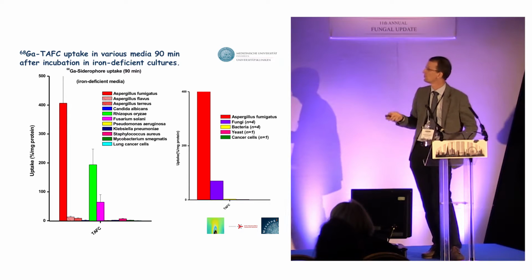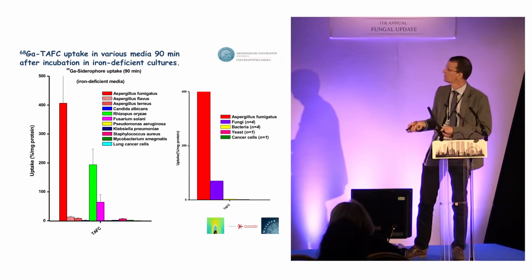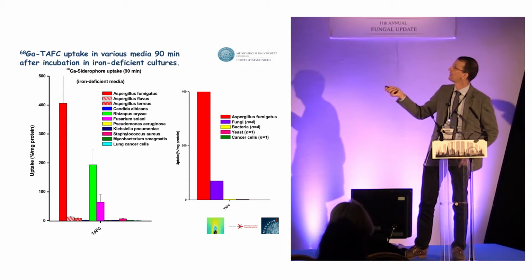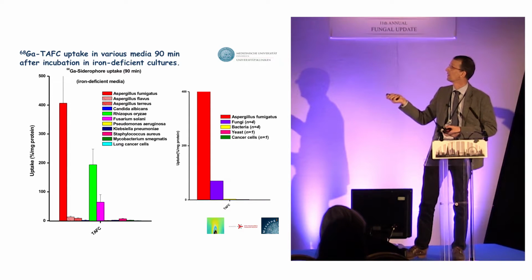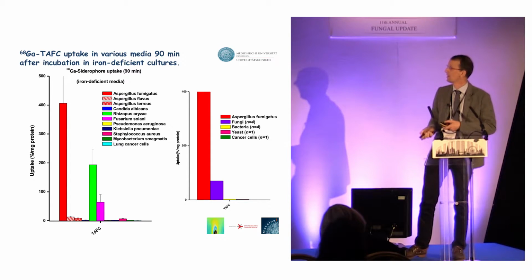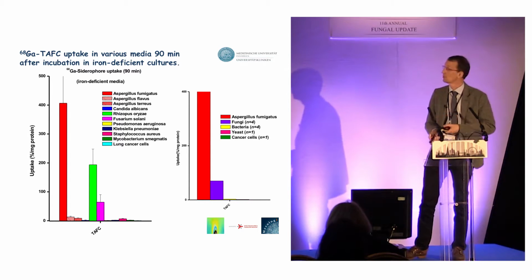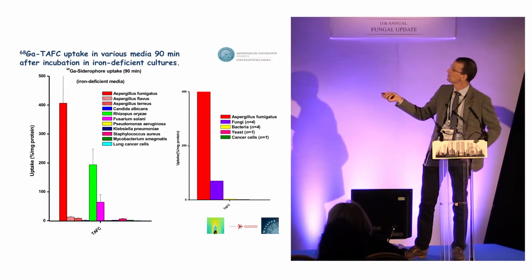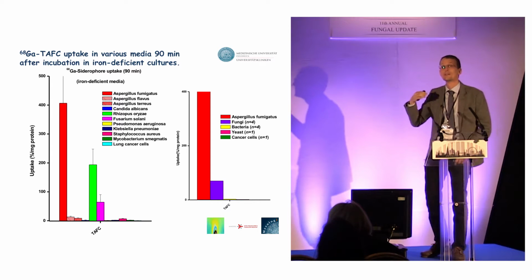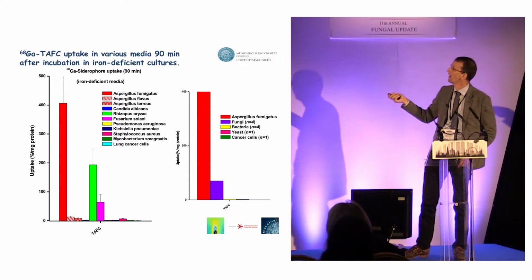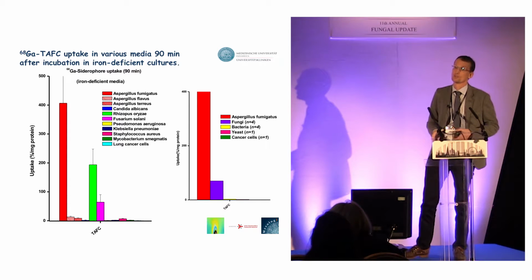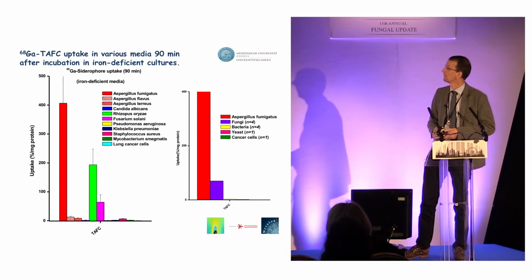So it was highly specific for fungal infection, whereas yeasts, bacteria, or cancer cells did not show any uptake. This was in contrast to FOXy, which is a bacterial siderophore, where we also found a very high uptake in Staphylococcus species, interestingly.